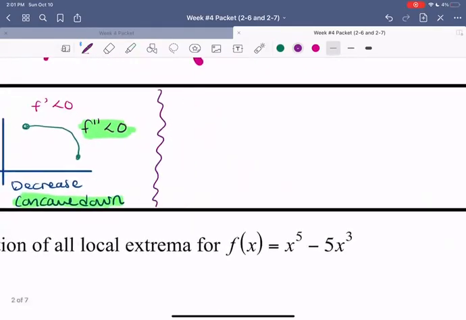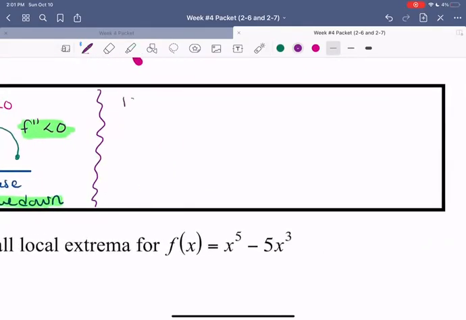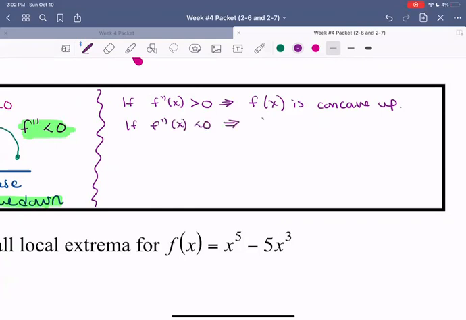So that is that if f double prime of x is bigger than 0, then the original function f of x is concave up. If the second derivative of x is less than 0, then the original function is concave down.